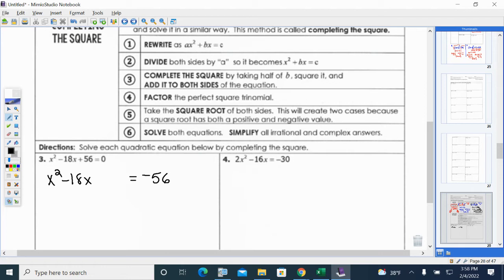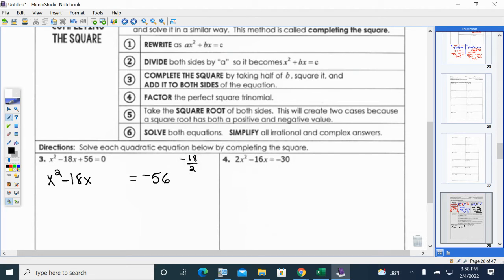Step number 3 says to complete the square by taking half of b, square it, and add it to both sides of the equation. So basically, y'all, what we're going to do here is make the left side a perfect square trinomial. You're going to take your b, which is a negative 18, and divide it by 2.